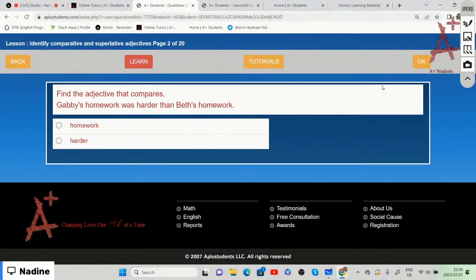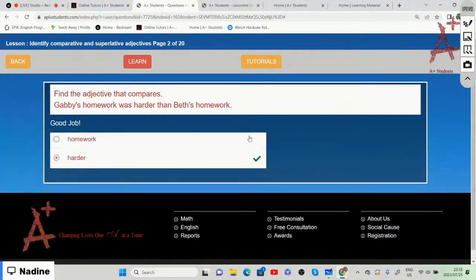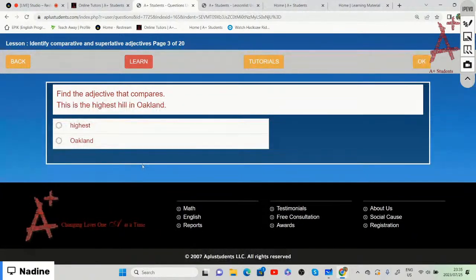All right, so if we go over the sentence, Gabby's homework was harder than Beth's homework, then we can identify the adjective that compares as harder, right? We are comparing how hard Gabby's homework is compared to Beth's homework, right? Which means that this is a comparative adjective. So harder, and also it ends in ER.